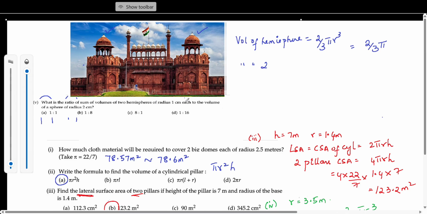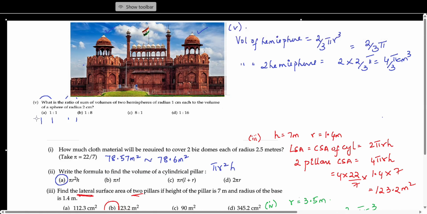So volume of two hemispheres will be 2 into that, which is 4 by 3 pi centimeter cube. There is a reason I have not expanded pi: it's a ratio. So when we divide, there will be pi in the sphere's volume formula also. They will get cancelled with each other. So keep this apart.